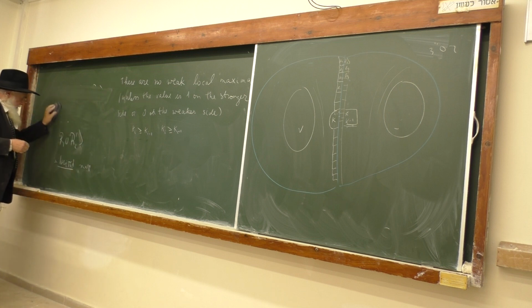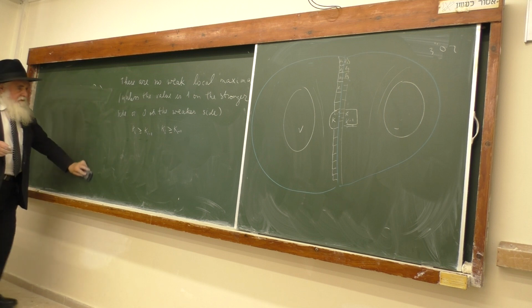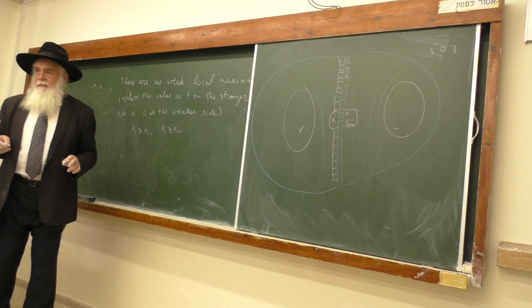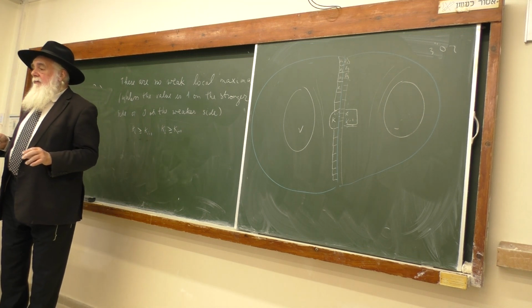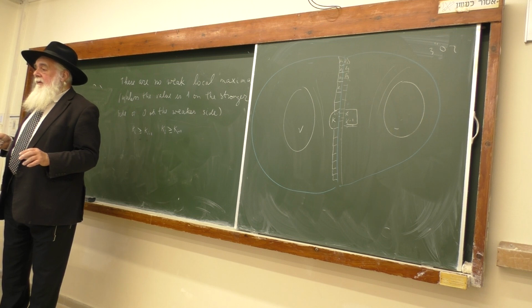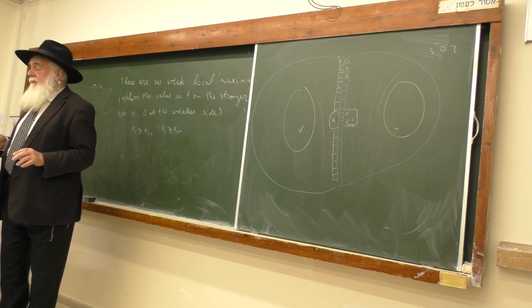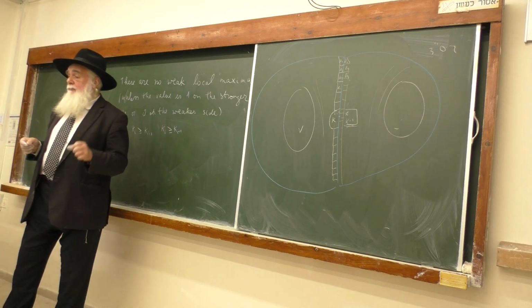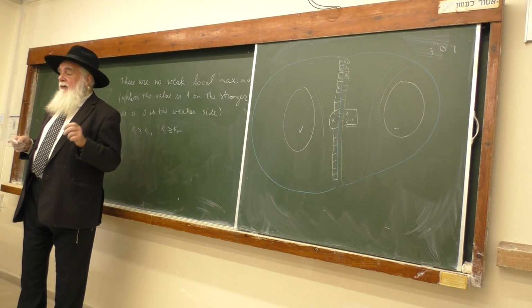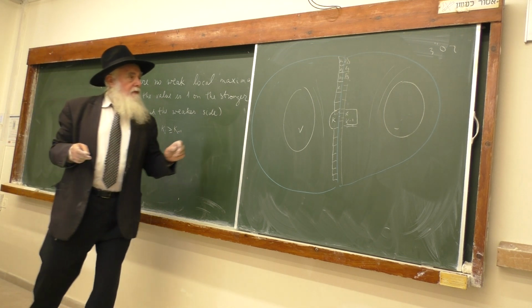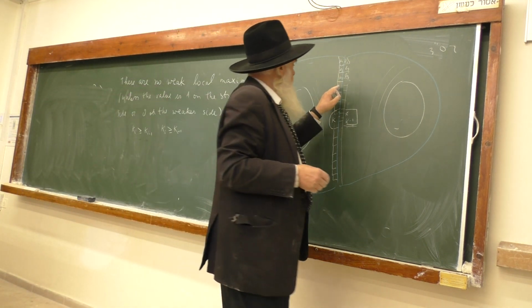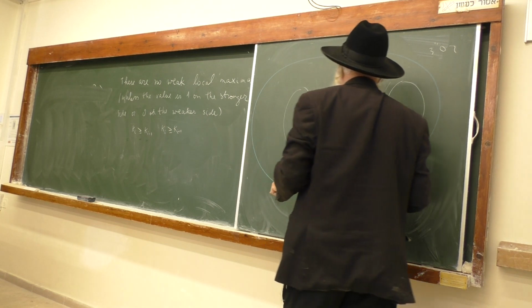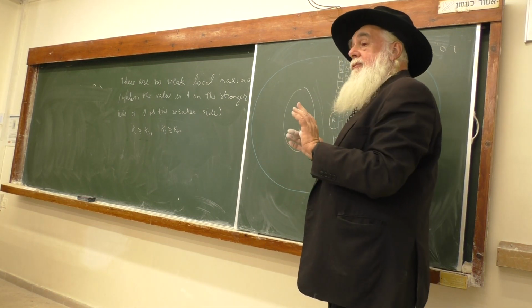Except for the edges, right? Like K1, the ki needs to be somewhere in the middle, right? No, everywhere. But K1 is an example of this situation, right? K1 can be larger than K2. Of course, it is not local.